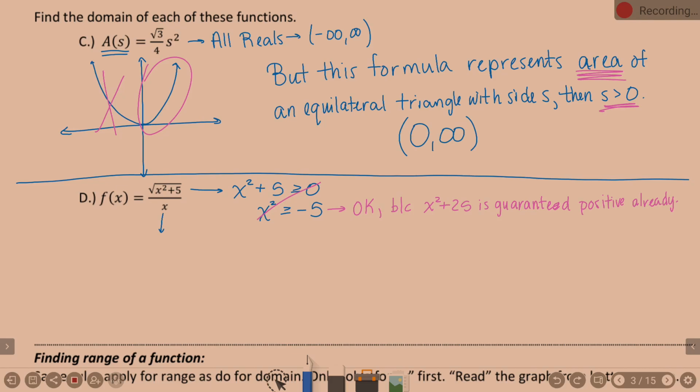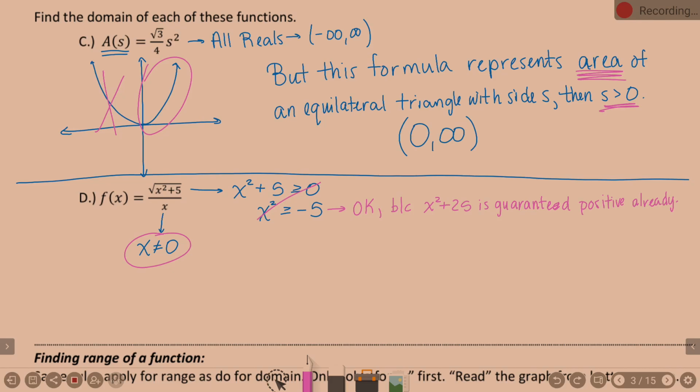What do we know about a denominator? A denominator cannot equal 0. So if you set your denominator equal to 0, that's finding a value that can't exist. So this one is an issue. Okay, x cannot equal 0. That's a problem.